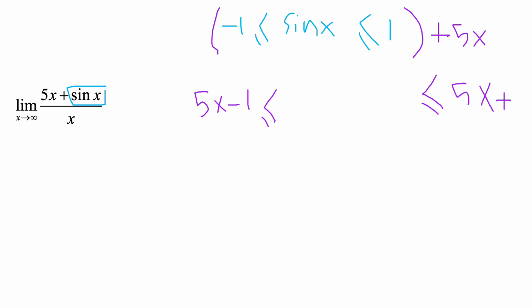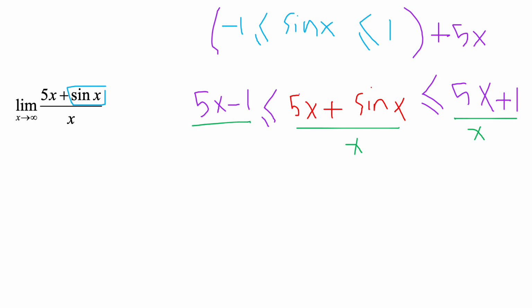And in between, we have 5x plus sine x. So still, I didn't get my quotient over x. So in this case, I have to divide all by x to get my quotient.